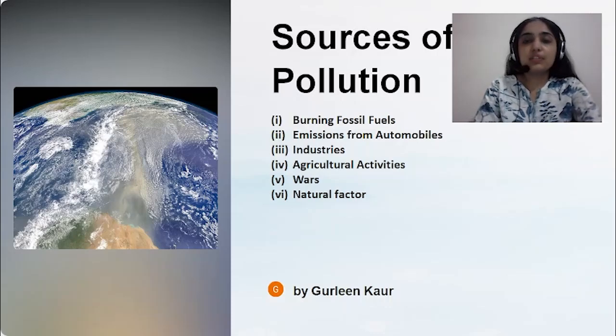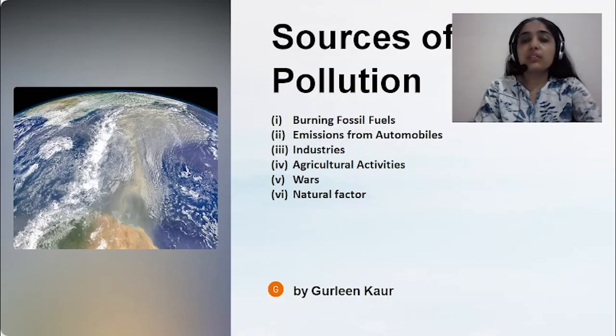Next is emissions from automobiles. Over 80% of air pollution is mostly caused by vehicles. The main pollutants emitted by cars, trains, airplanes, and other machinery are nitrogen oxide, carbon monoxide, and unburned hydrocarbons.